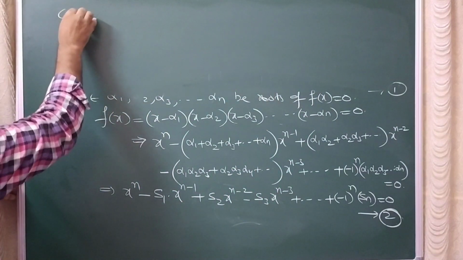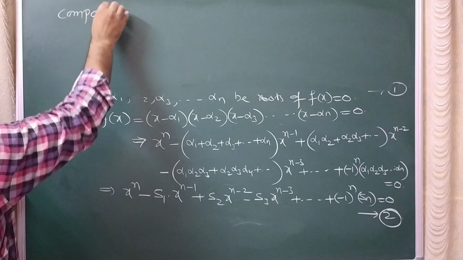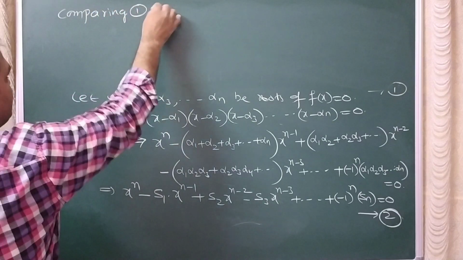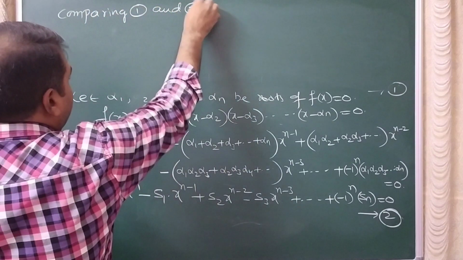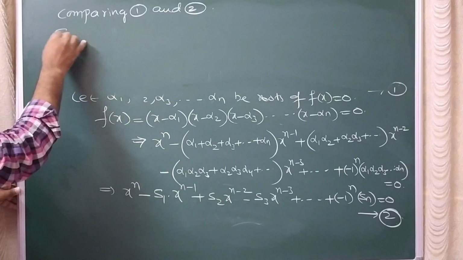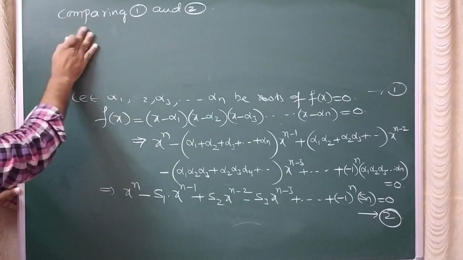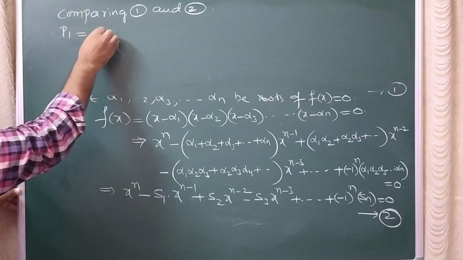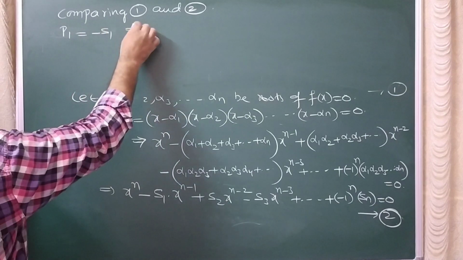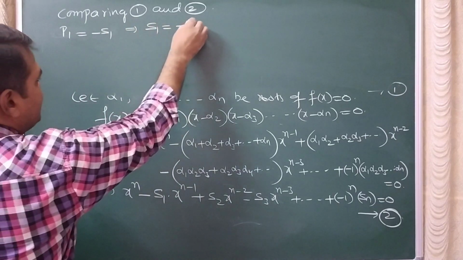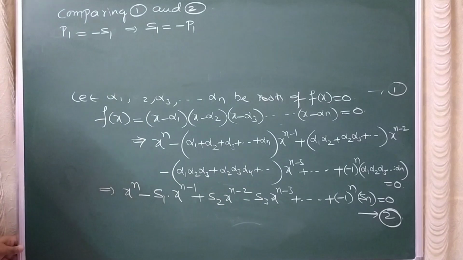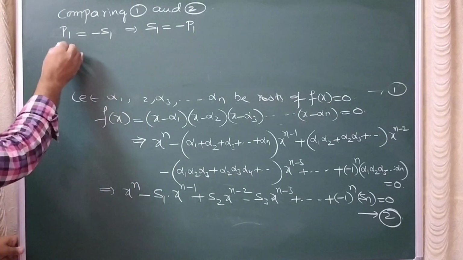So now comparing 1 and 2, we will get like this. P1 is equal to minus S1, we will get. I can write that as S1 is equal to minus P1. Okay.